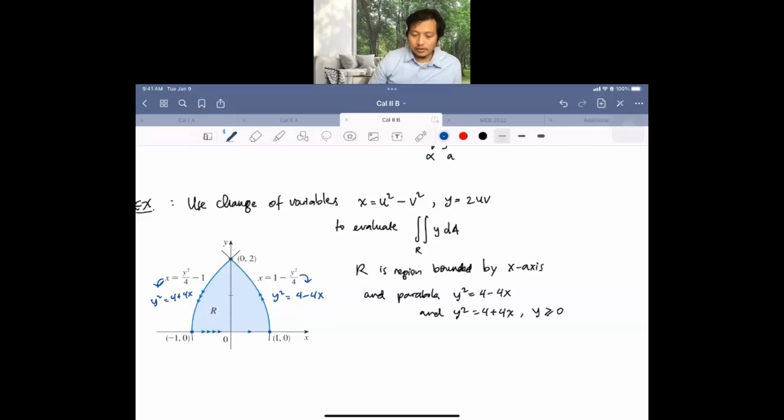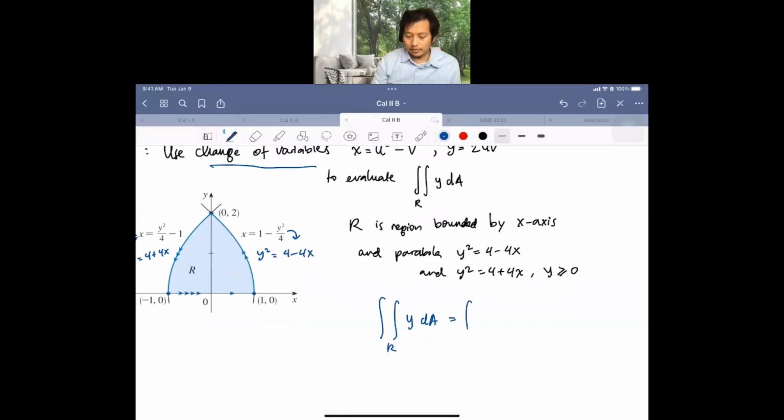So why are we going to change the variables? It says to use change of variables to evaluate this double integral over R. If we try our best to integrate directly, what will happen here?